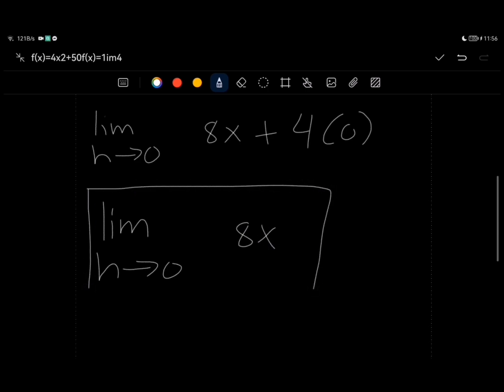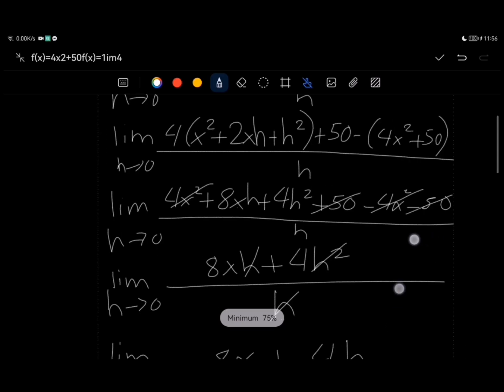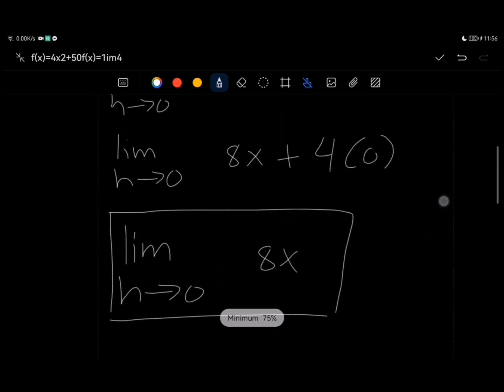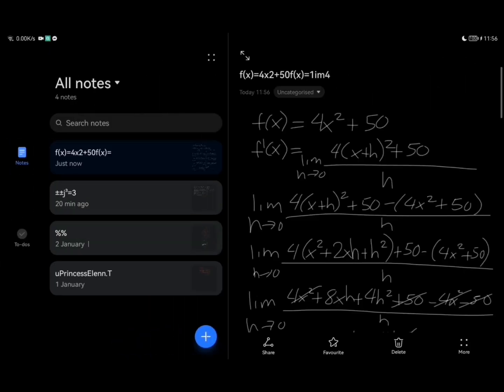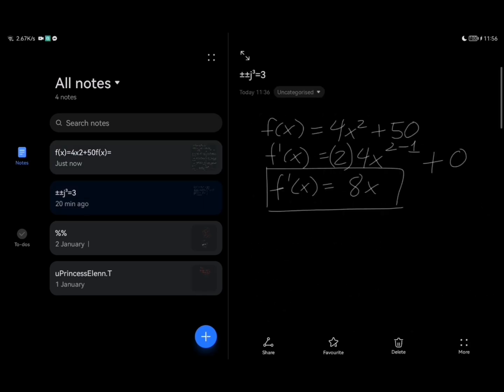This is your final answer. And we ended up with 8x. Compare it to our last, which is the same.